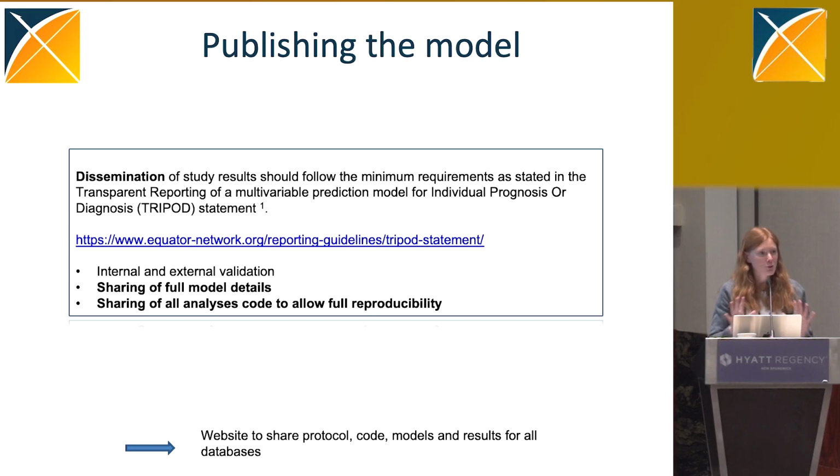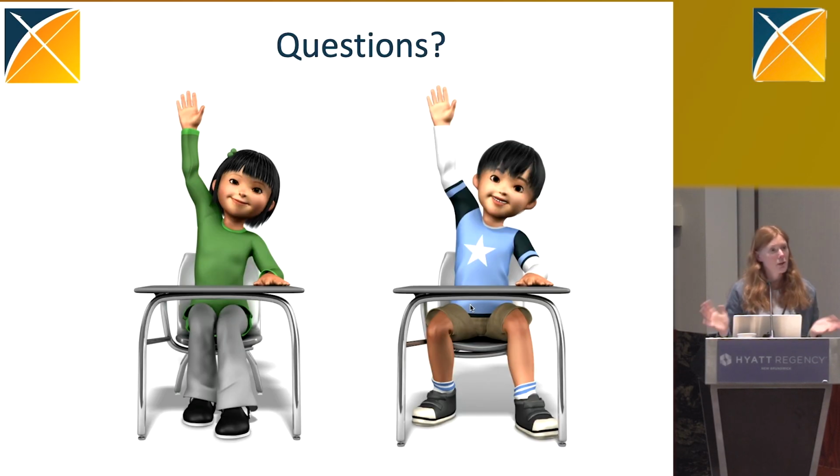So if you do this, make sure the model is available for people, and make sure all the code is there as well. So it's very transparent what you did, and people can fairly evaluate the model. It's crazy how badly this has been followed, and how difficult it is to actually validate models because of that. So with that, any questions?